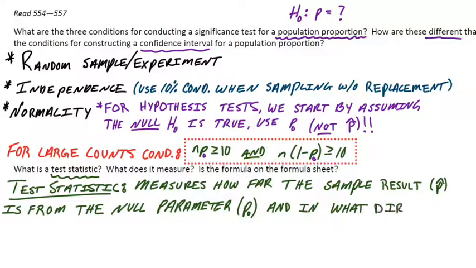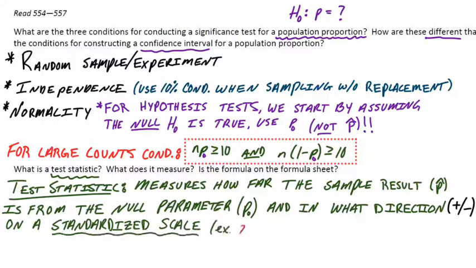And in what direction, so above or below, and we know that whether it's positive or negative. And this is done on a standardized scale. For example, like a z-score.